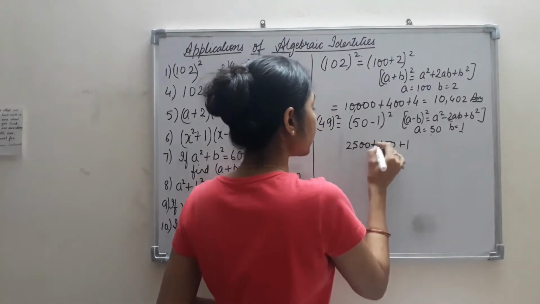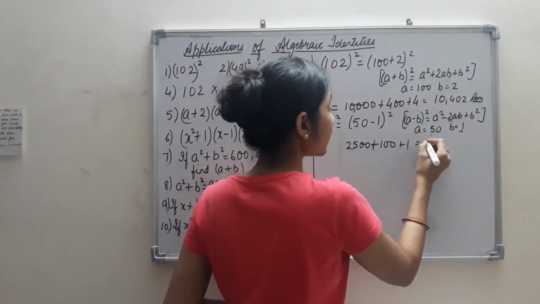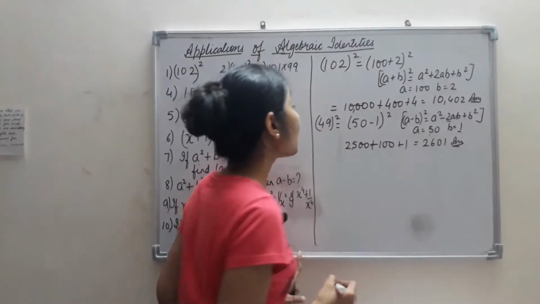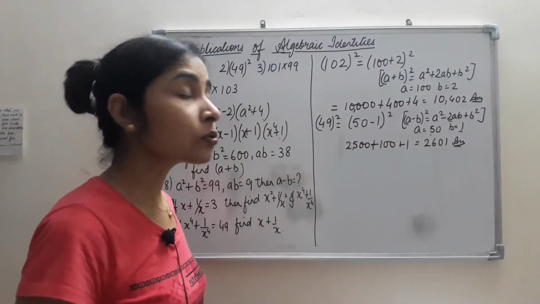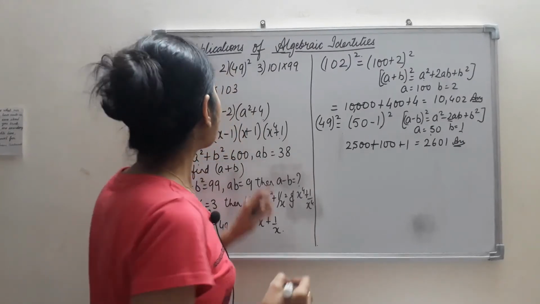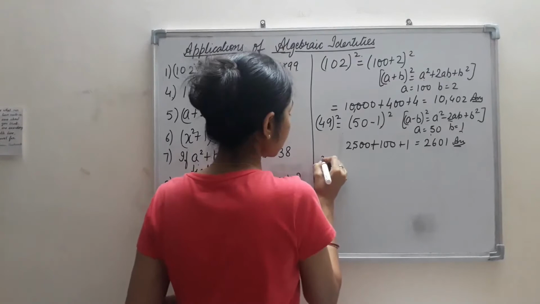So we get 2500 plus 100 plus 1, which is 2601. That is the square of 49, 2601.